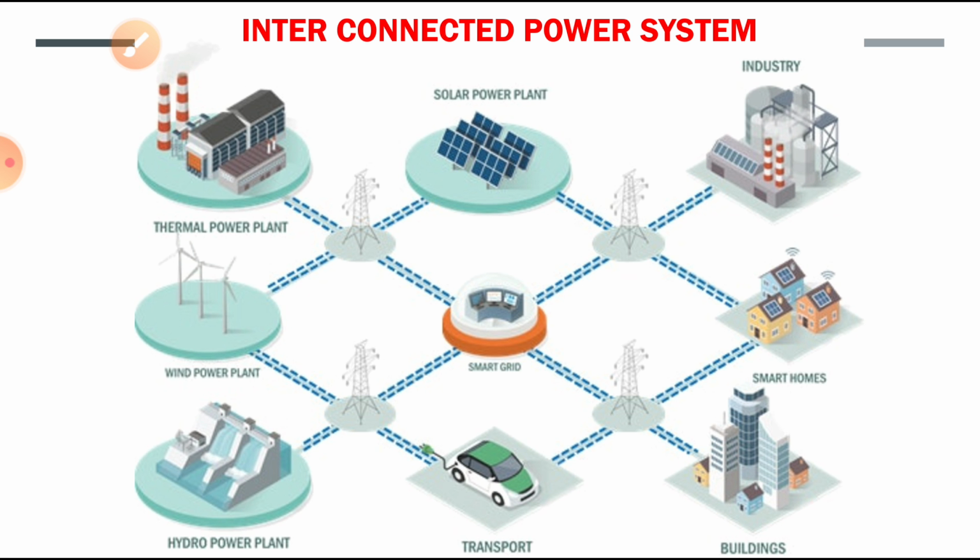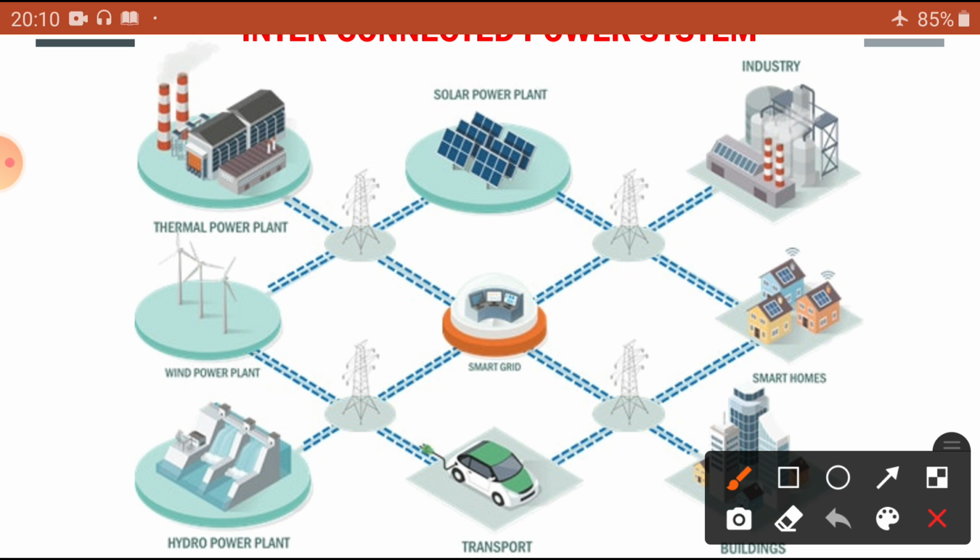Let us assume our power grid, as you see here. This is a power grid center. We can say that is a smart grid. In a smart grid, automatic operation takes place in every place.